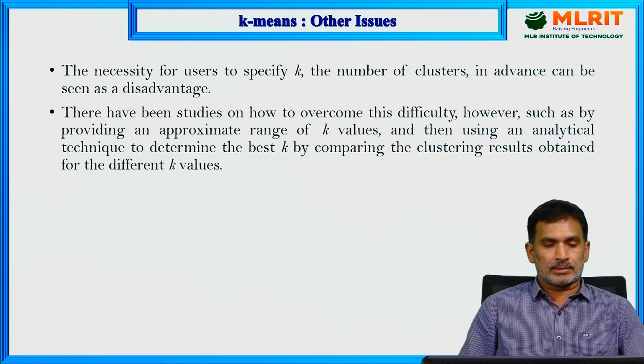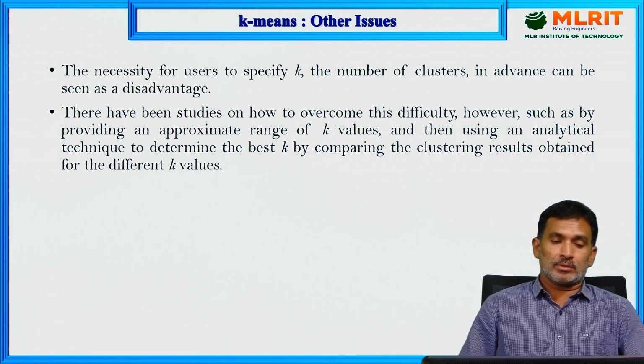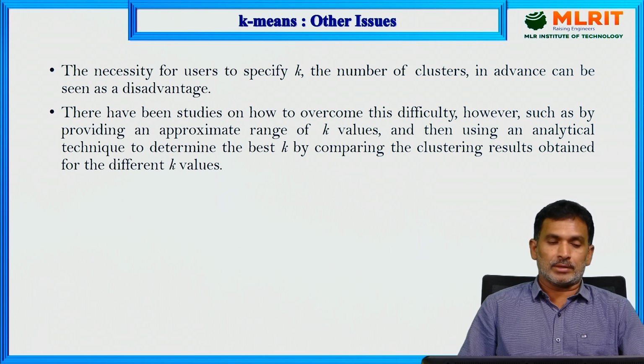Let us see what other issues there are, mainly the necessity for users to specify k, the number of clusters, in advance. That is a disadvantage because it is not an easy task to specify the number of clusters initially.